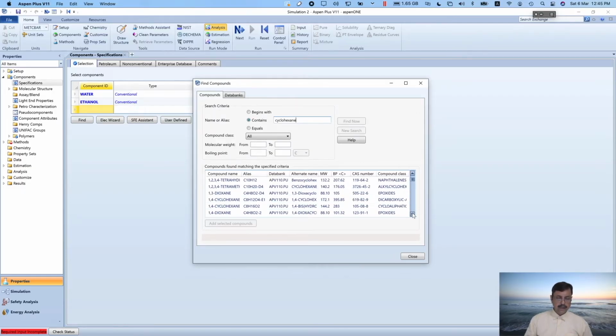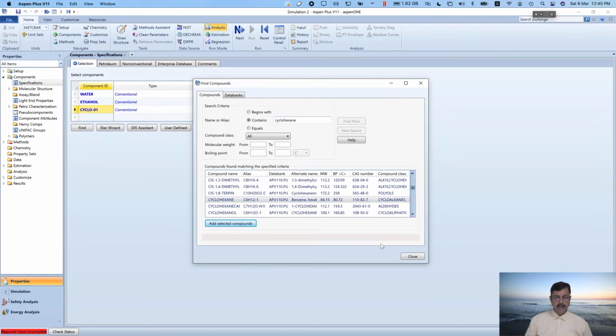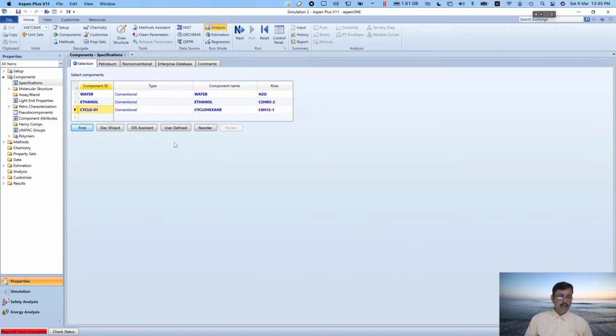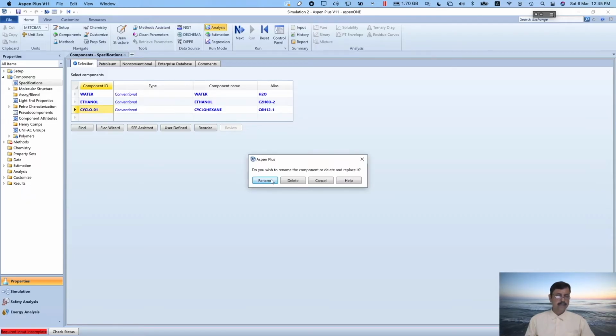So actually we are looking for this particular component. So add the selected component and let us rename it. We write it here cyclo H or cyclohex. Okay.